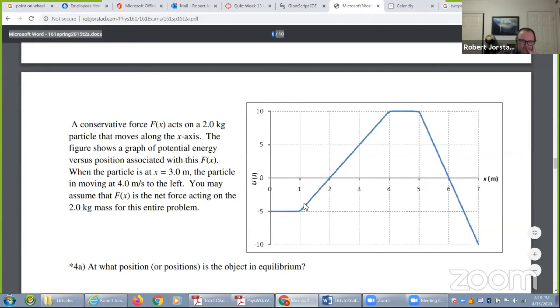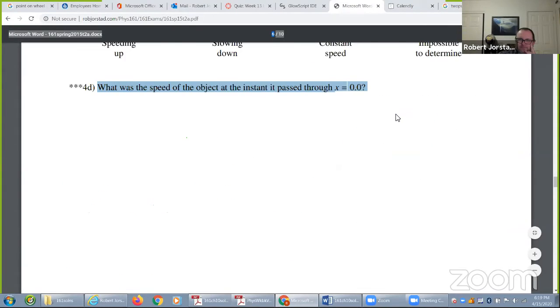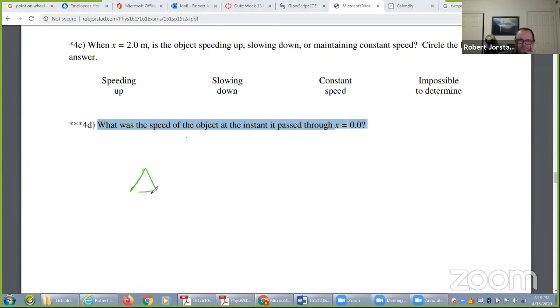I would do an energy problem. The change in kinetic energy is opposite delta U, or K initial plus U initial equals K final plus U final.